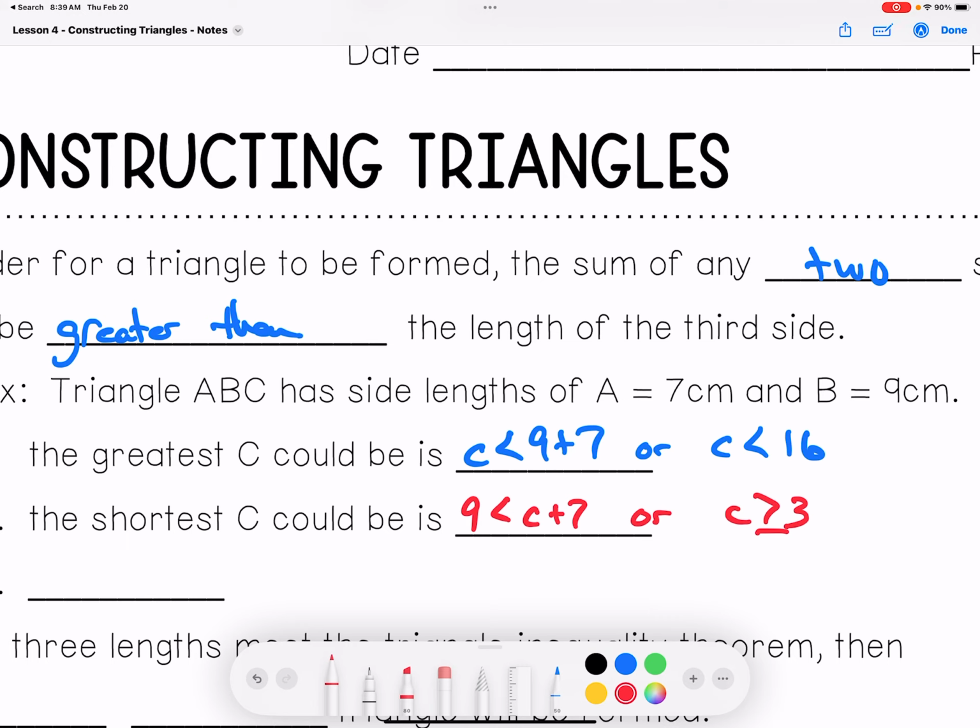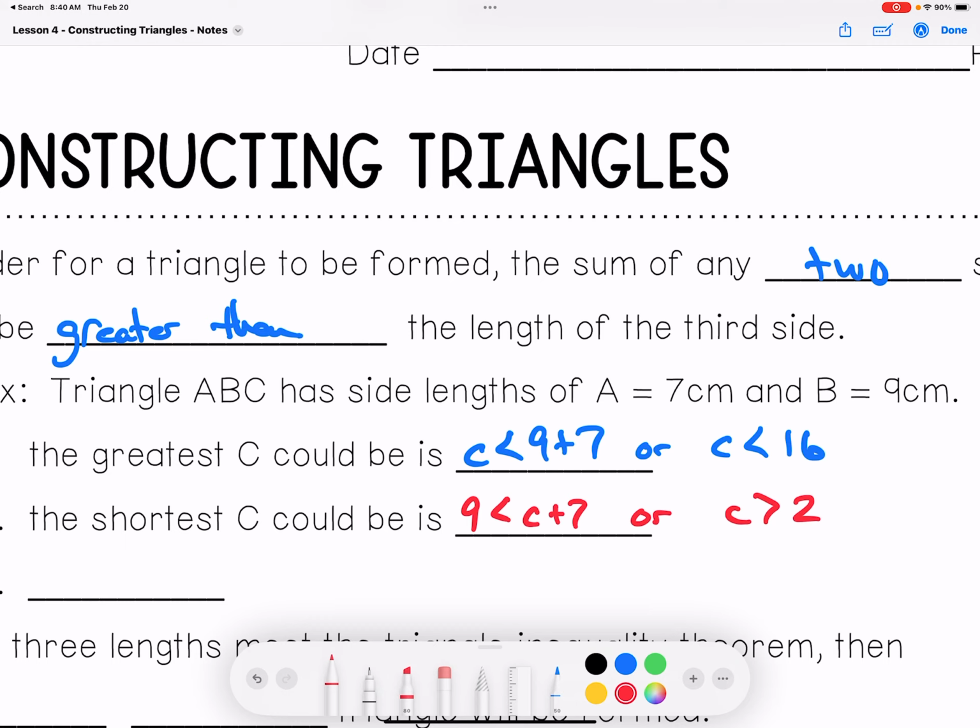Now, there you go, because it could be 2.1. All right, so C has to be greater than 2. It could be 2.1, 2.2, 2.3, whatever. But it has to be less than 16.